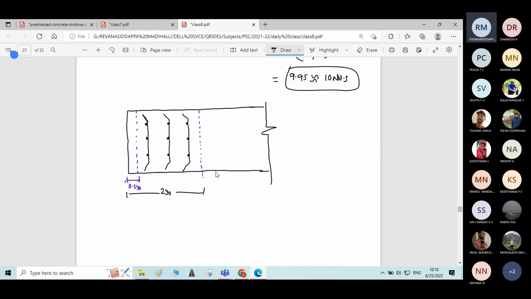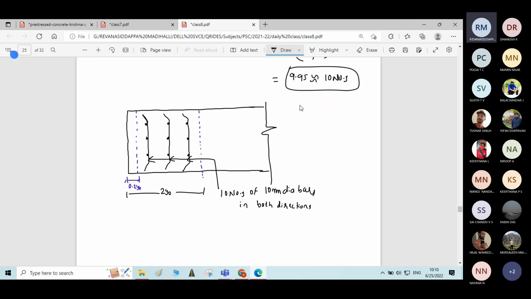So the reinforcement we got is 10 numbers of 10 mm dia bars in both directions. You have to provide in both directions.